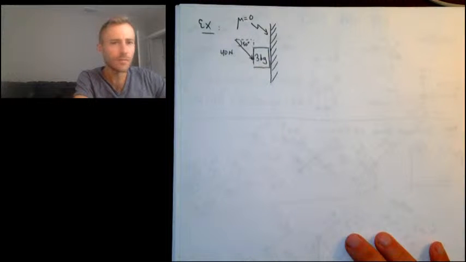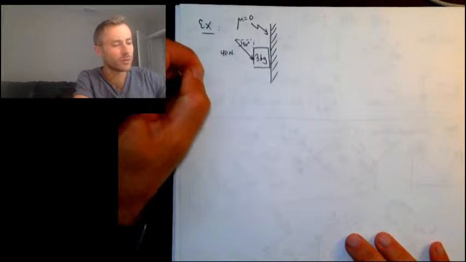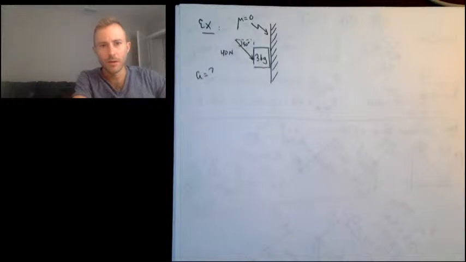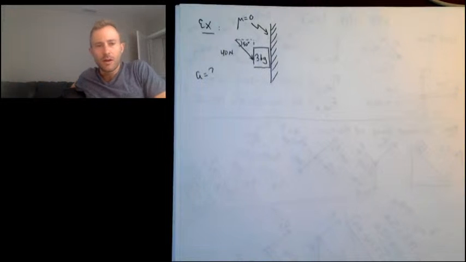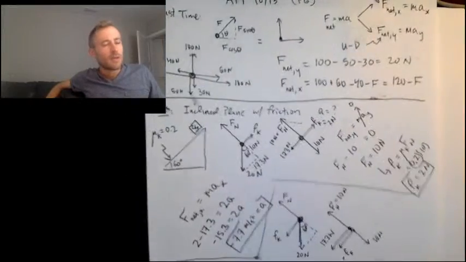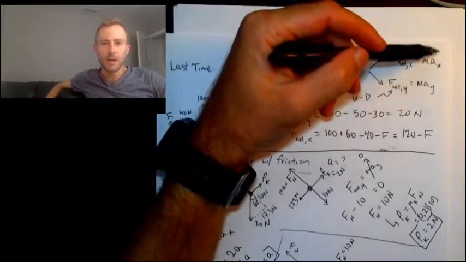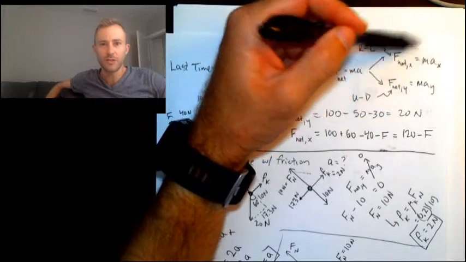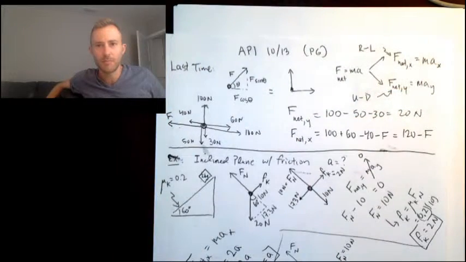And so what we want to know is, what is the acceleration of the block? I want you to think about and type it into the chat if you know the answer. What is going to be different about Newton's second law this time? There's something going on the right-hand side that's different from what we did last time.